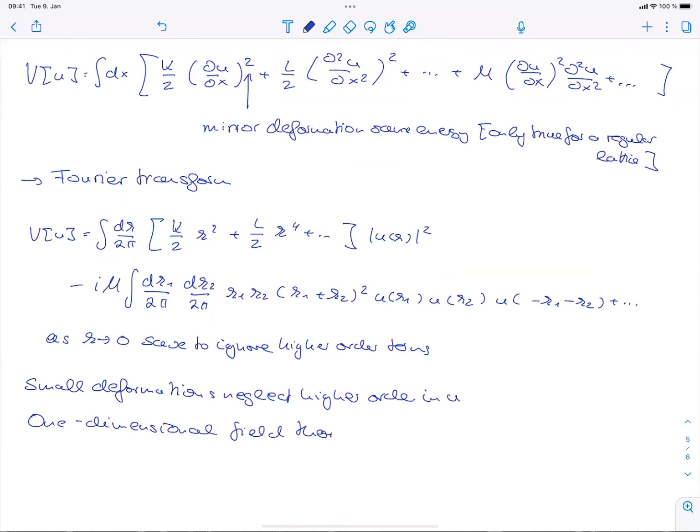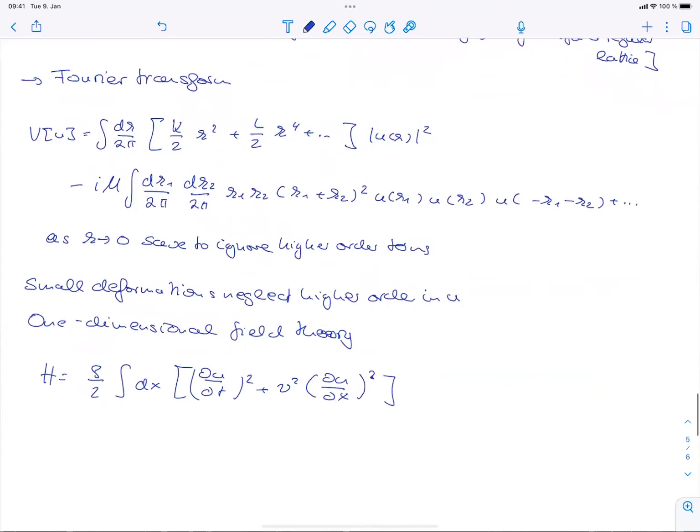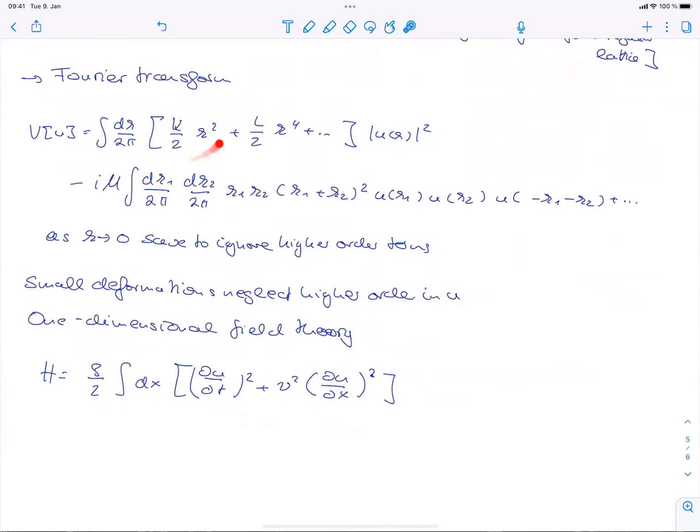So we can write down the one-dimensional theory, where now the Hamiltonian is summing over the kinetic energy, which was easy to write down. And I'm going to abbreviate this prefactor as V squared, times the derivative of U with respect to x, squared. So we just take into account the lowest order term, the K squared term.